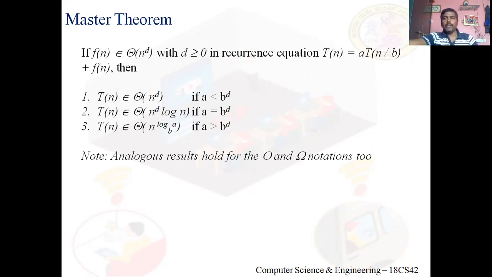So now you need to take advantage of Master's theorem. Listen, you are given only the recurrence equation, no initial condition, but you need to identify the efficiency class. So take advantage of Master's theorem. Look at the recurrence equation T of n equals a T of n by b plus f of n.